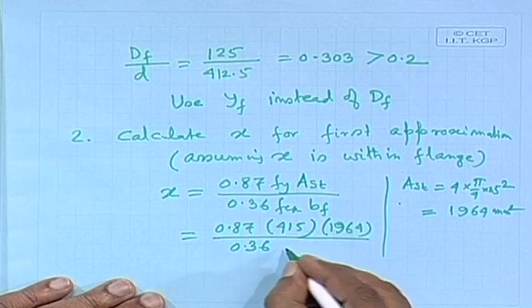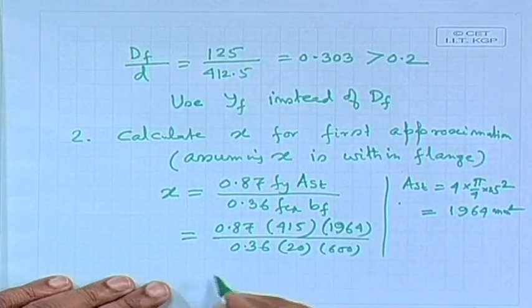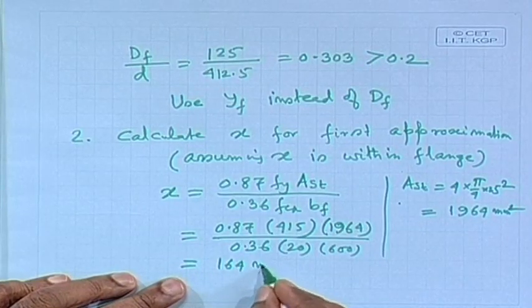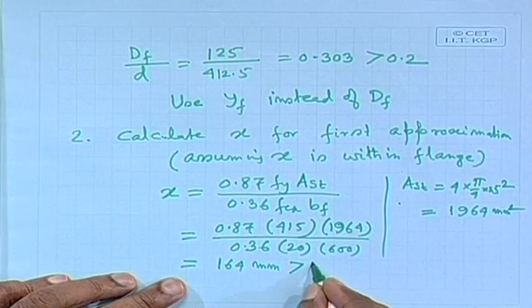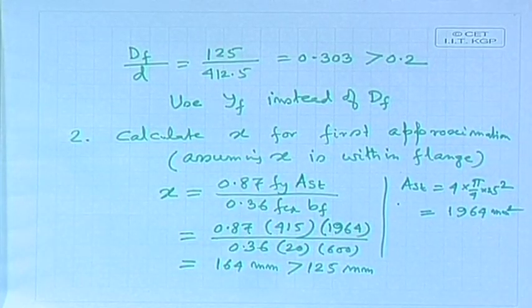Then 0.36 times 20 times 600, where 600 is the width of the flange. We get 164 millimeter, which is greater than 125 millimeter. So that means x is greater than 125 millimeter.